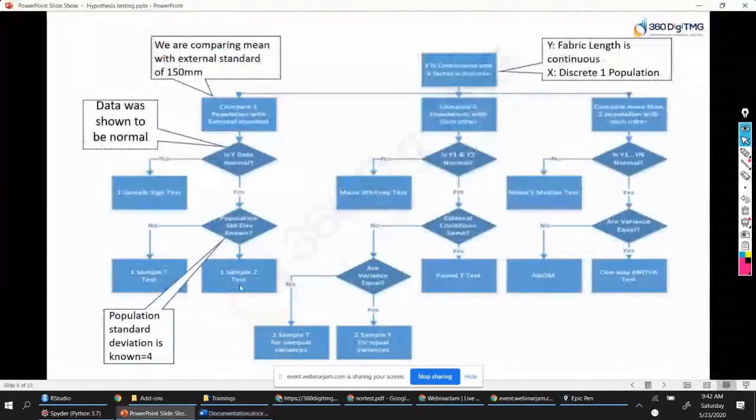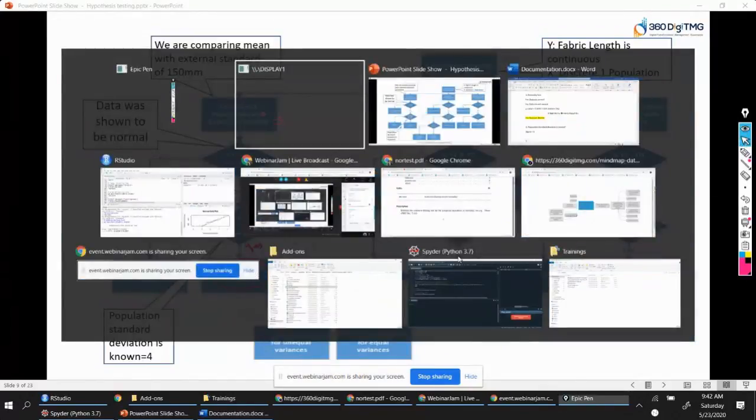If it is given, then we follow this particular test. The test is called one sample Z test. If sigma is not known, then we apply one sample T test. Ultimately, we are trying to calculate the mean of population.